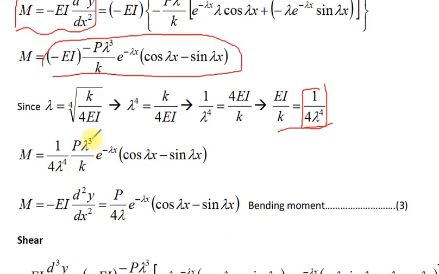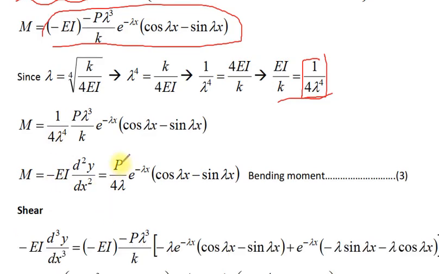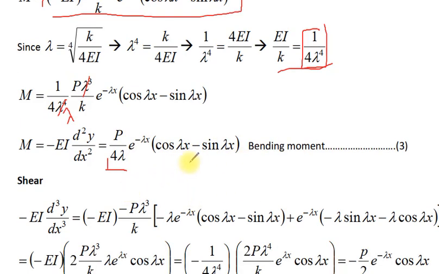Now we can write it in another form: P over 4 lambda, e to the minus lambda x cosine lambda x minus sine lambda x. This is the bending moment. Shear: to get the shear, the fourth equation, we have to differentiate the deflection three times and multiply it by minus EI.